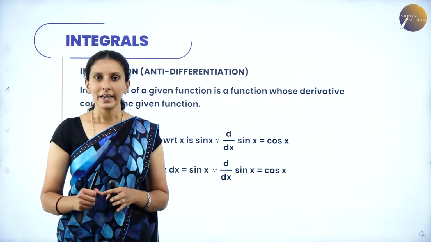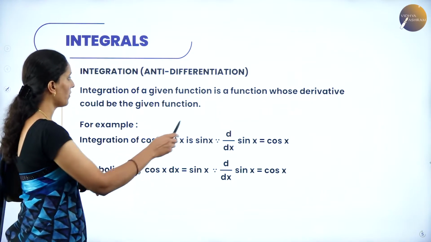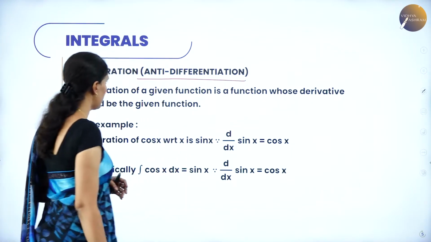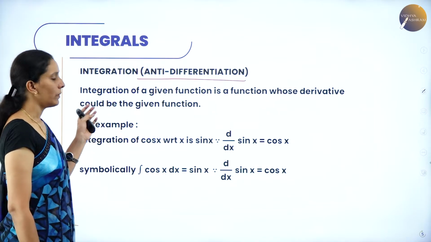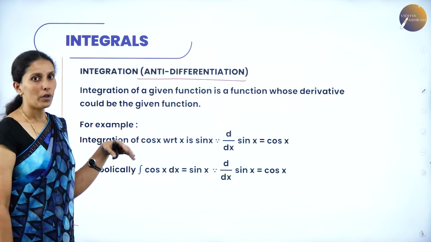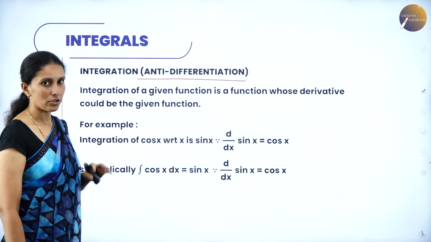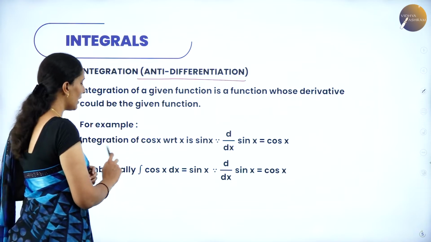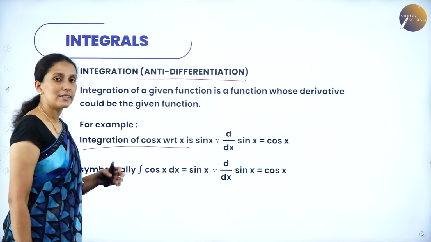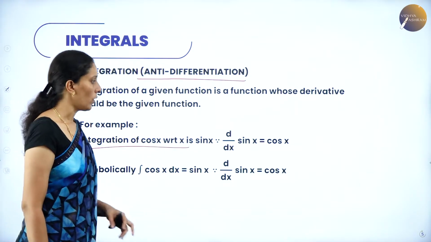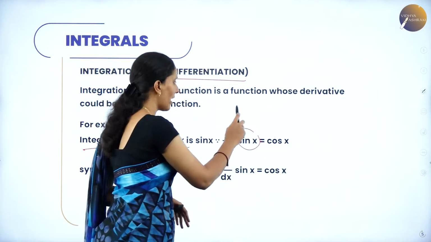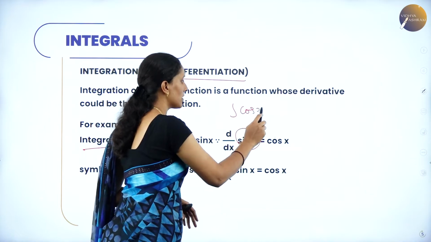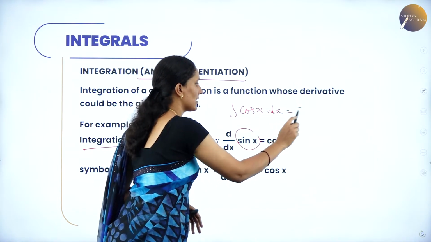Now we will see integration as a process of anti-differentiation. So integration of a given function whose derivative could be recognized with the help of the given derivative. For example, integration of cos x is sin x with respect to x. How? Because the derivative of sin x is cos x, and hence we can write integration of cos x with respect to dx is sin x.